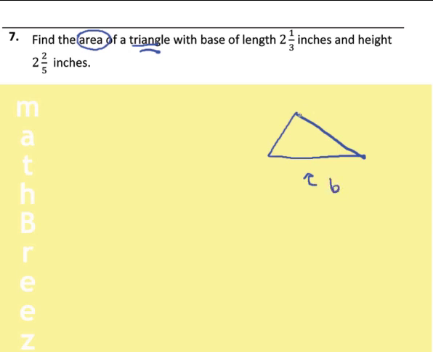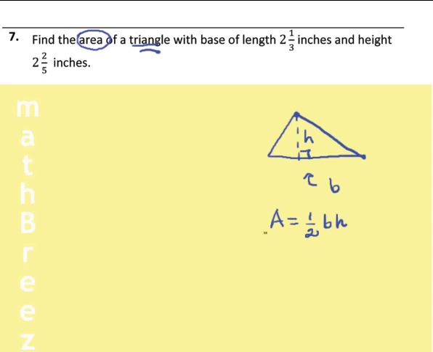Now the height is the length of this line from the vertex opposite the base that goes straight down, perpendicular to the base. So I'll call this H for height. And the area is 1/2 of the base times the height.